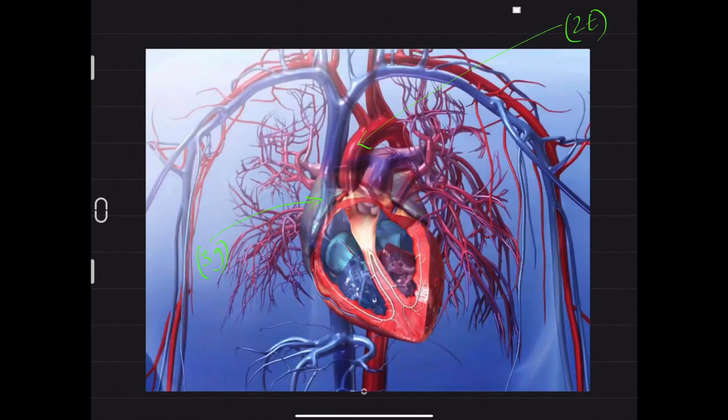And then finally, this structure here, whatever these two arrows seem to be pointing to, I want you to tell me what type of tissue these two arrow labels are pointing to.